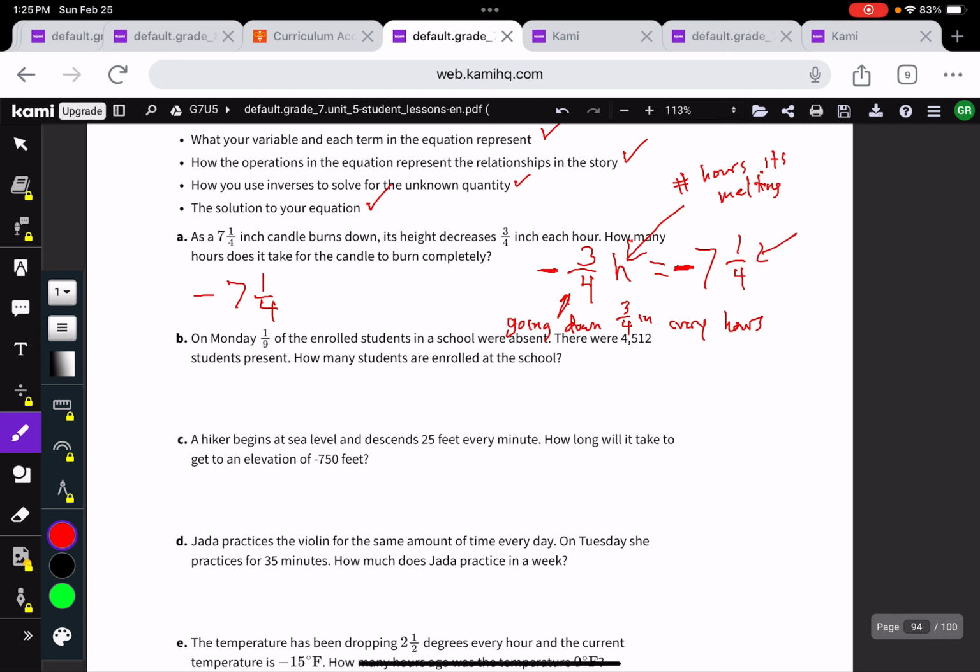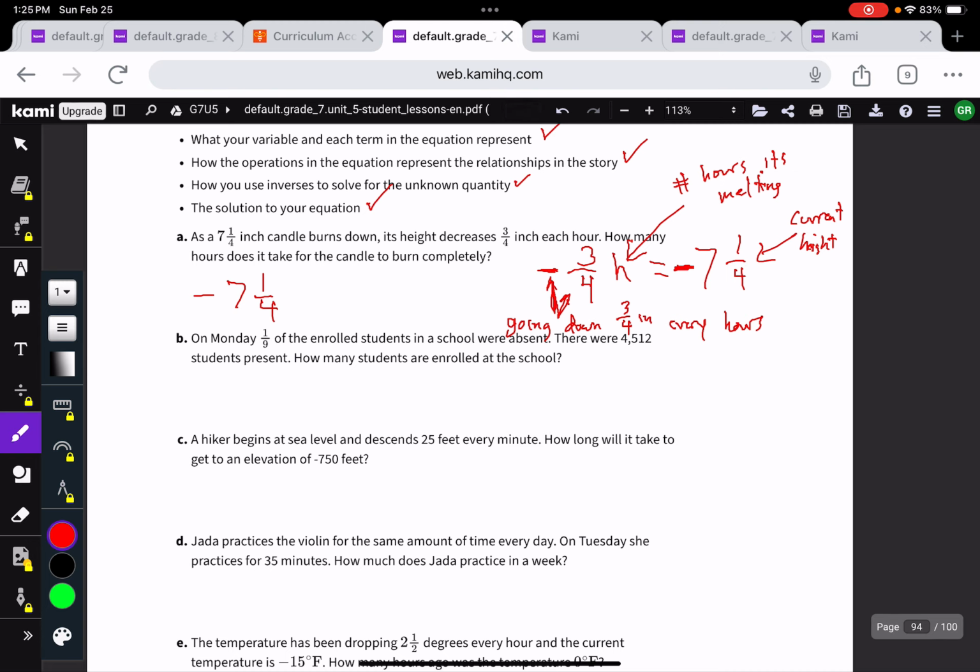And this is the current height, right? And I guess we could also say, point an arrow, that means negative. I guess that's the current height or the amount it needs to go down.